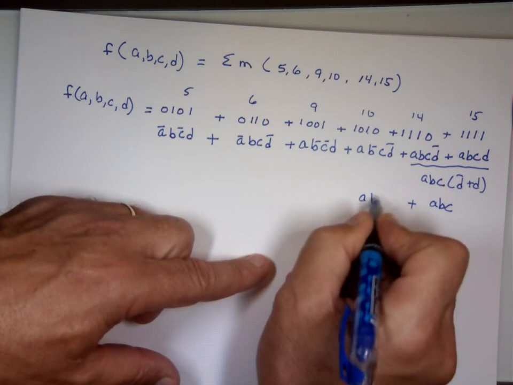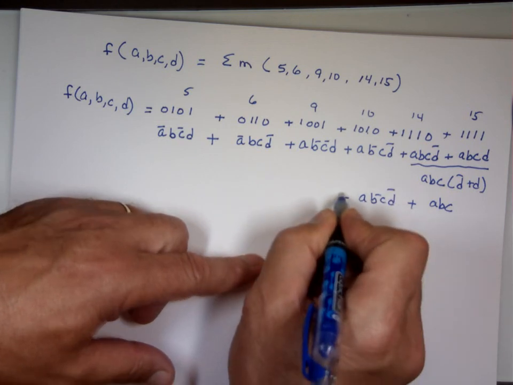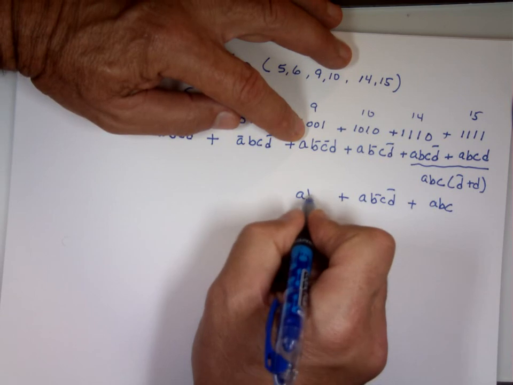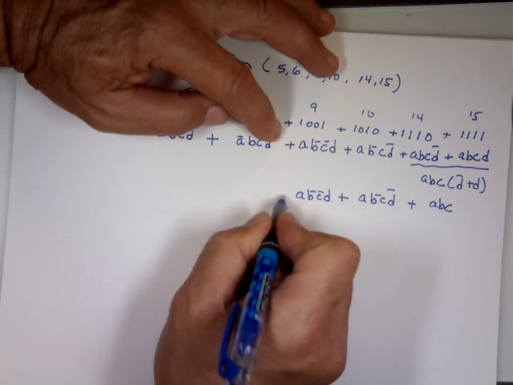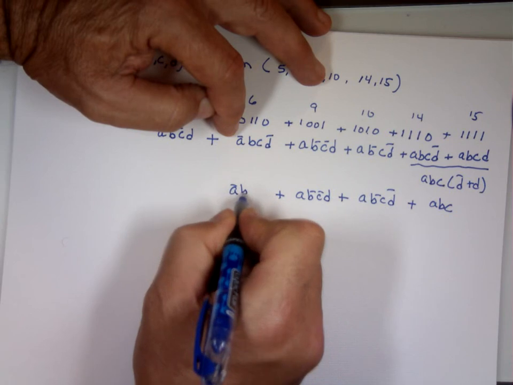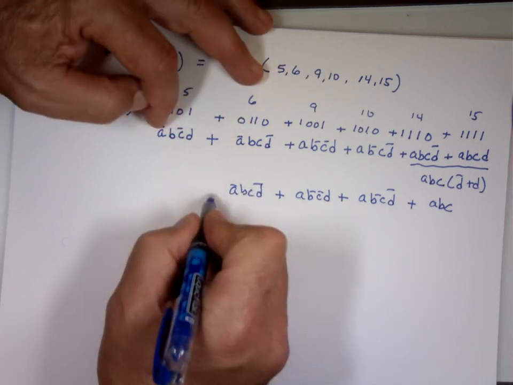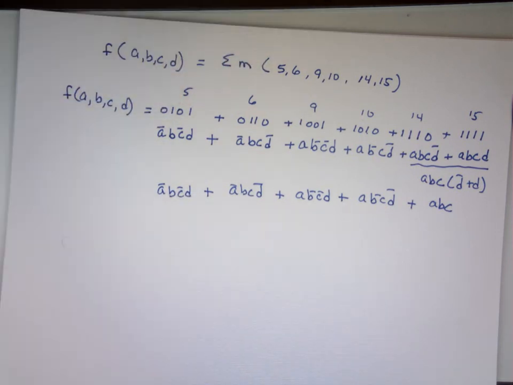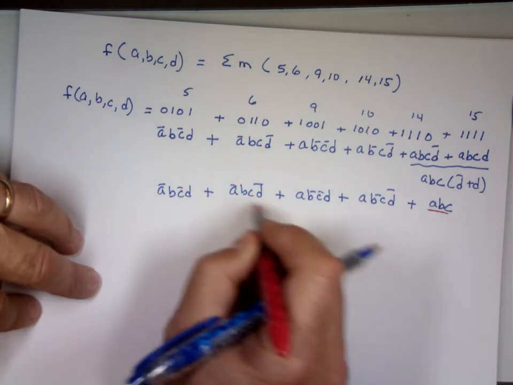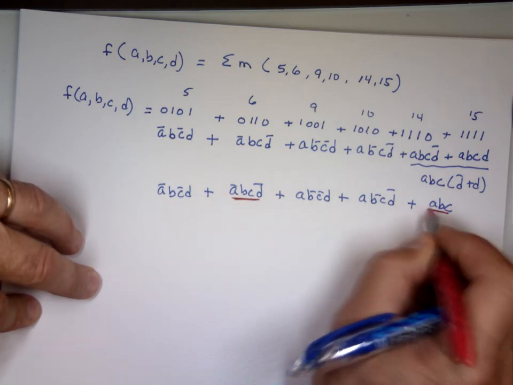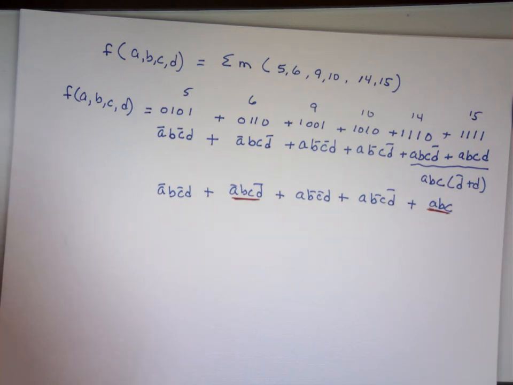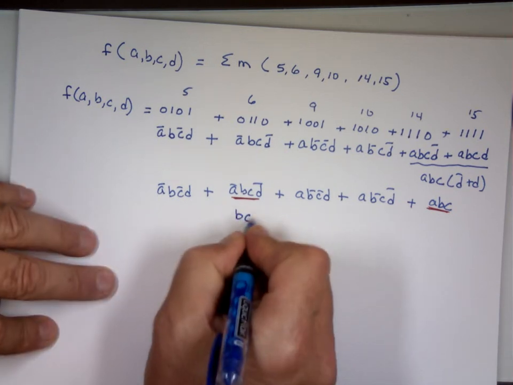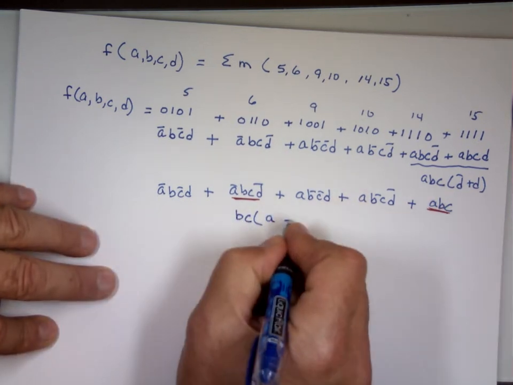I'm just copying the rest of the problem. Now, I see this and this. Can you see it? If you factor BC out, what's left in that one? A plus A bar, D bar.